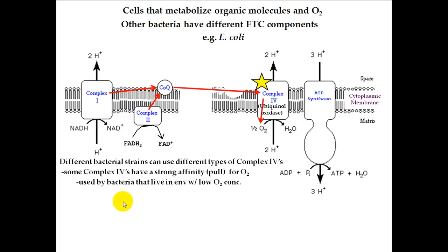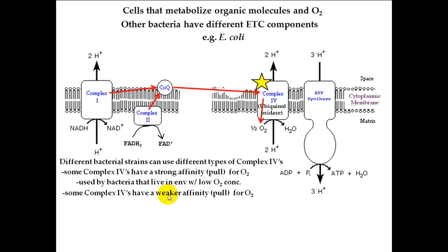The other type of complex 4 that may be used by E. coli differs because it doesn't have quite the same pull for oxygen that this other complex 4 does. Right? So there's another type of complex 4 that has a weaker affinity, or a weaker pull, for oxygen.